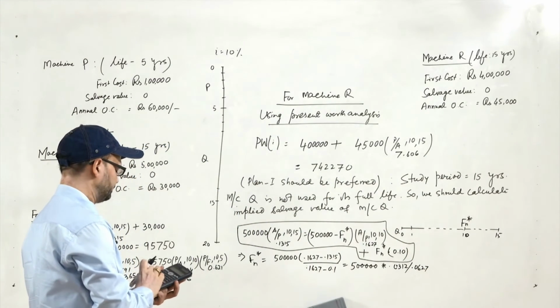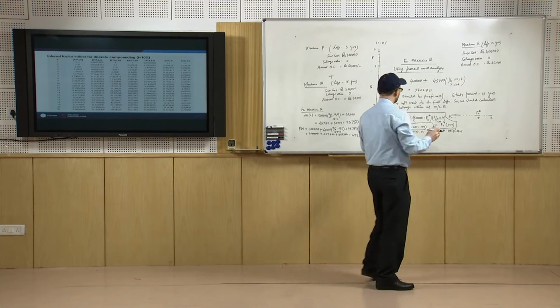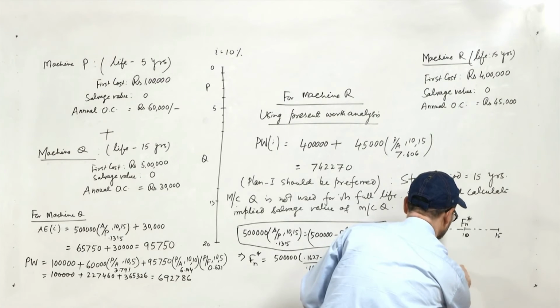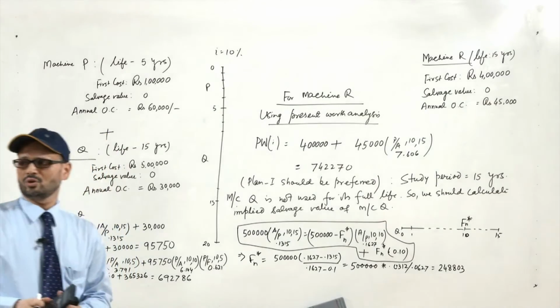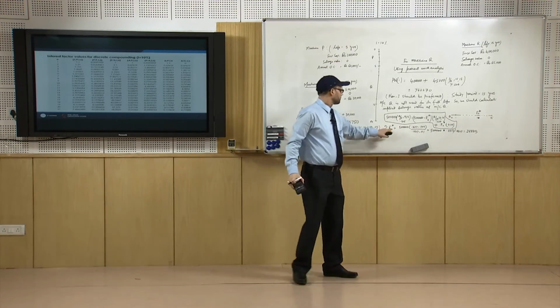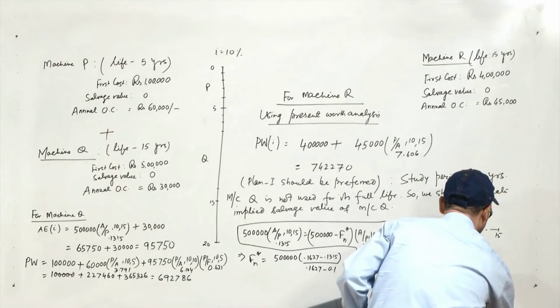So, it will be 248803. So, basically what we have seen is you have this implied salvage value which needs to be mentioned.